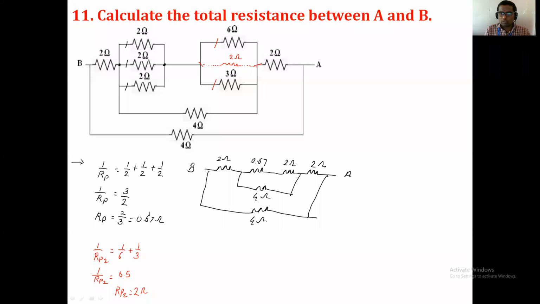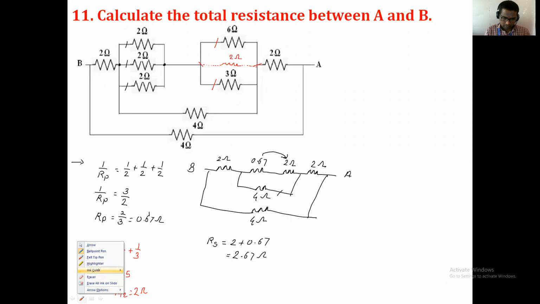Now what about these two resistors? 2.67. Absolutely correct. So its total resistance Rs is equal to 2 plus 0.67, which is equal to 2.67. And now this 2.67 and this 4, how are they connected?